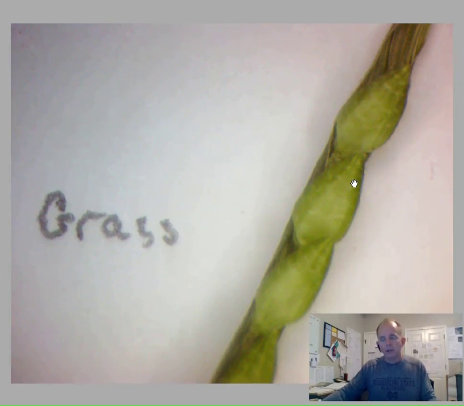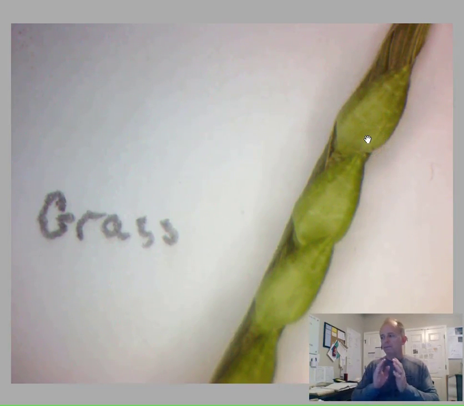In looking through the grass key in the Flora of North America, it turns out there's a tiny glume on this side, at least when these things are mature, and one on the back side that we found in the video where we worked through a grass key. And then what we're looking at here is a lemma.